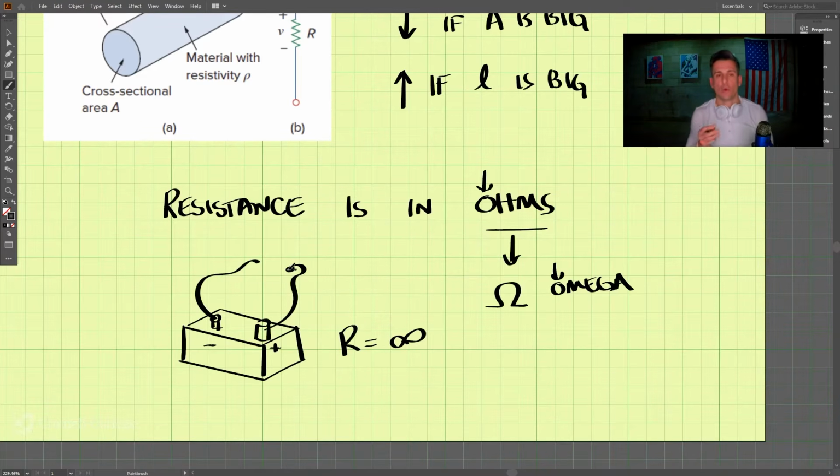All right, this is what we call an open circuit. An open circuit where the resistance is infinity.